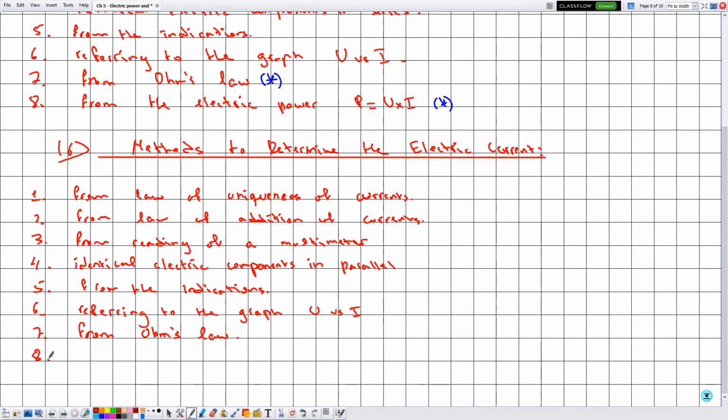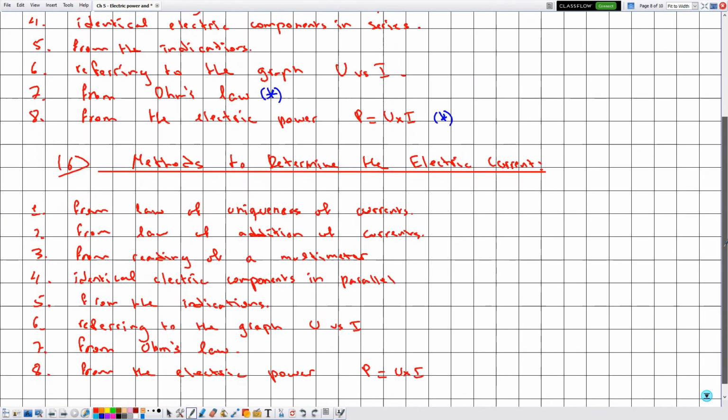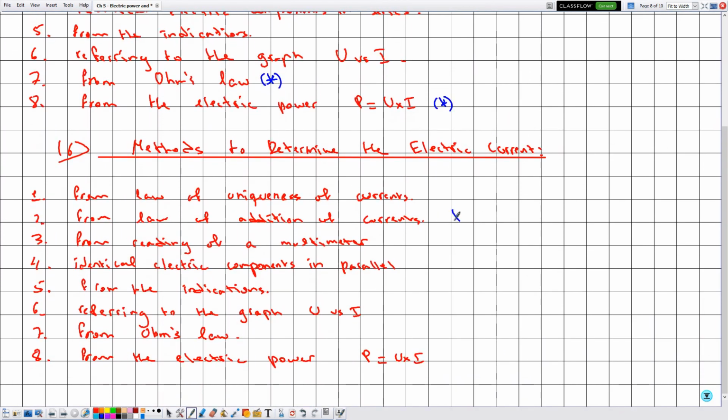And finally, the new method that we have added in this chapter for both voltages and currents is from the electric power, P is equal to U times I. So we have 8 different ways, at least, to justify the value of the electric current, but the ones that you are interested in, in the case of calculation, are two: Ohm's law, and P is equal to U times I.